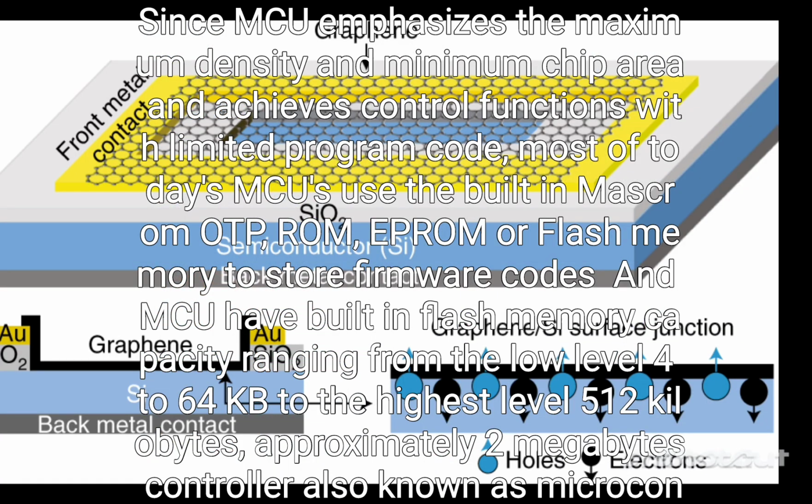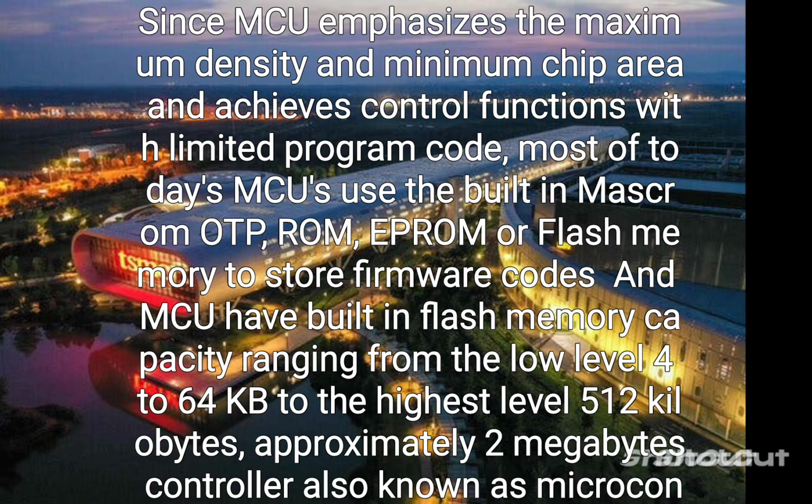Since MCU emphasizes the maximum density and minimum chip area, and achieves control functions with limited program code, most of today's MCUs use the built-in mask-ROM, OTP-ROM, EEPROM or flash memory to store firmware codes, and MCUs have built-in flash memory capacity, ranging from the low-level 4 to 64 KB to the highest level 512 kilobytes, approximately 2 megabytes.